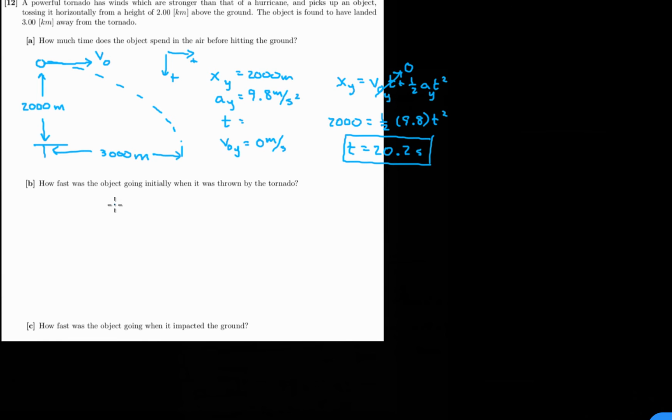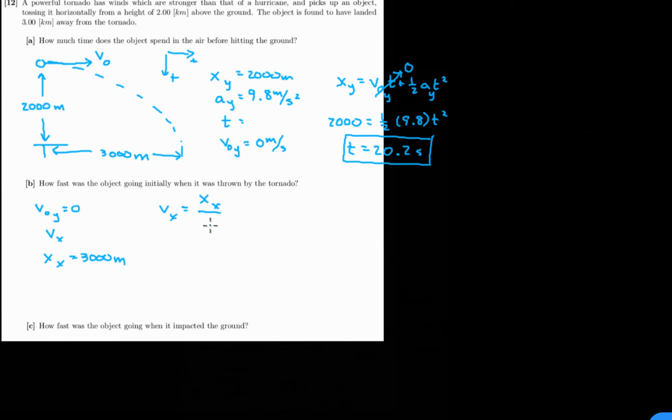Okay, and then how fast was the object going initially when it was thrown by the tornado? So I know that the initial velocity in the y direction is 0, so really what they're asking for is the x velocity. Because you know that it went 3,000 meters, you can just use the constant velocity equation because it's a projectile.